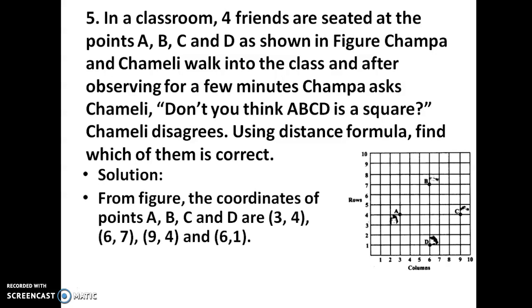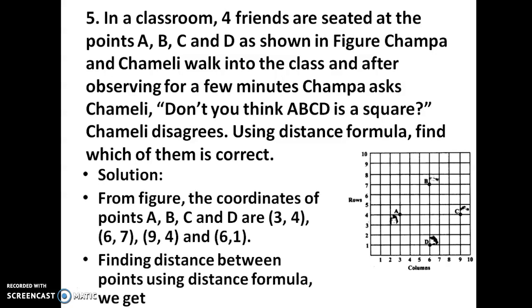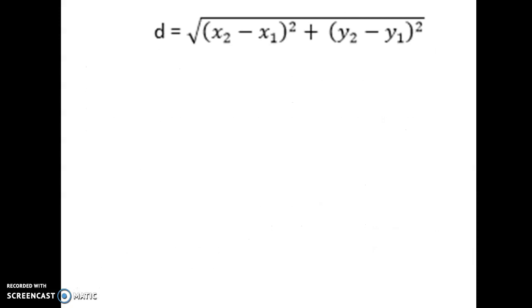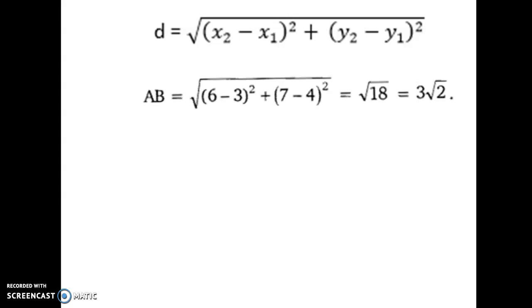So in the figure these are the coordinates A, B, C, D. The distance formula is this one, root of (x2 minus x1) the whole square plus (y2 minus y1) the whole square. So substitute the values for AB. So for AB, (6 minus 3) the whole square, (7 minus 4) the whole square. So 6 minus 3 is 3, then 7 minus 4 is 3.